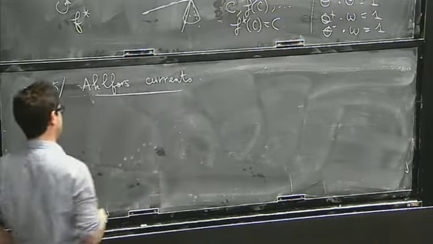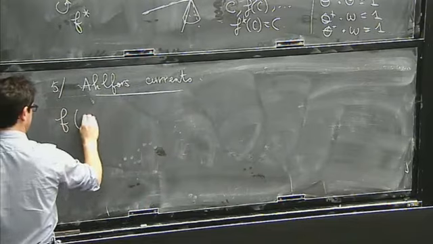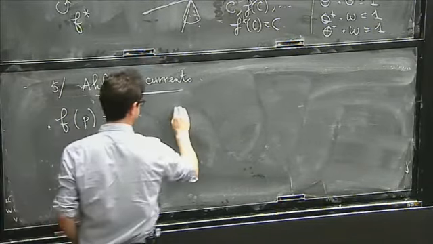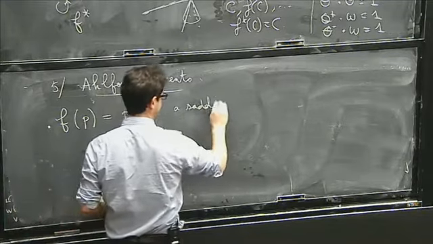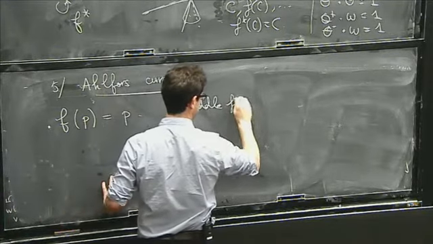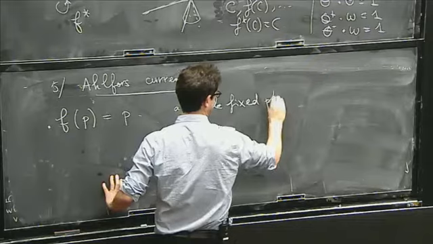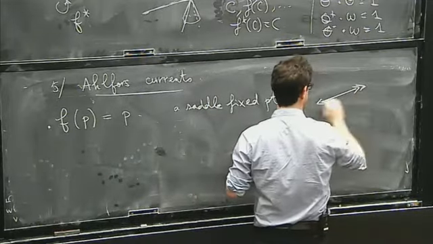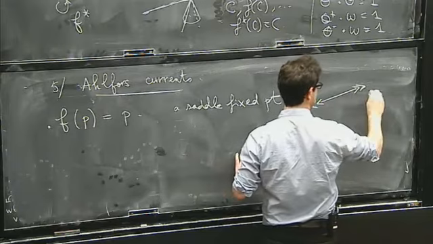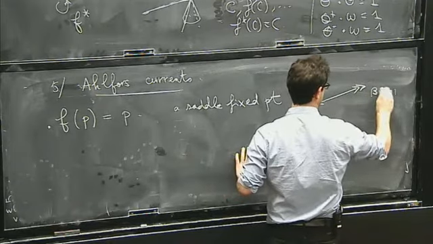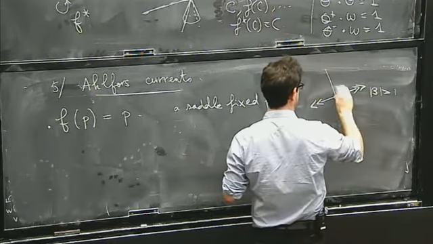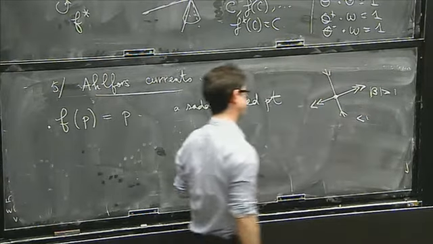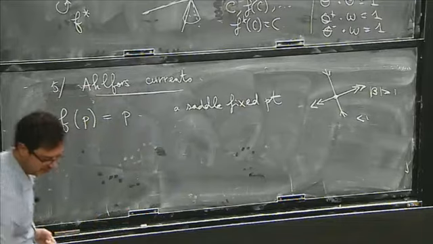Okay, so for simplicity, assume that P is a fixed point. Okay, so for the differential of the map, there is one eigenvalue which is larger than 1, and another which is smaller than 1. And so we have this stable manifold.